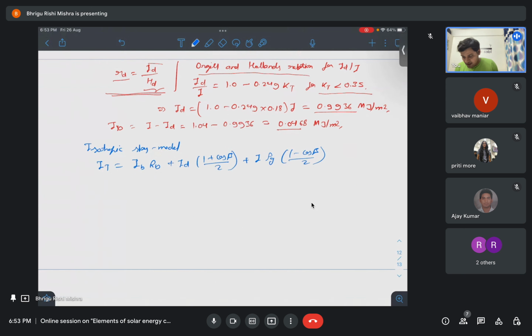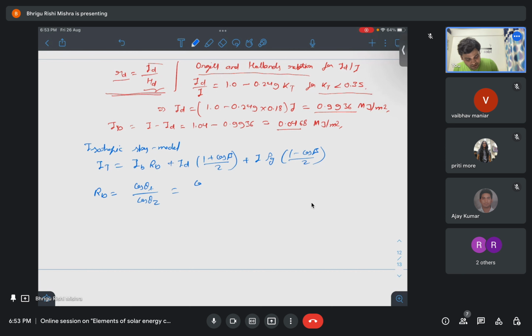Now we need to calculate RB. RB is cos theta t by cos theta z. Now this is for the tilted angle, so we will replace L with L minus beta for the expression of cos theta.